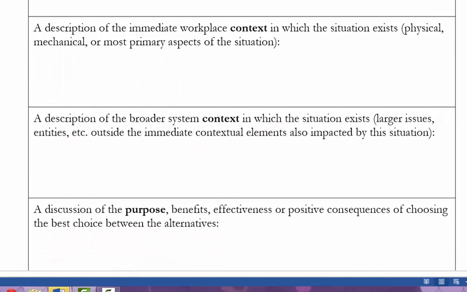You also need to think about the specific context that may affect the decision, and this includes both the immediate workplace context and any broader context that might affect how the decision plays out.